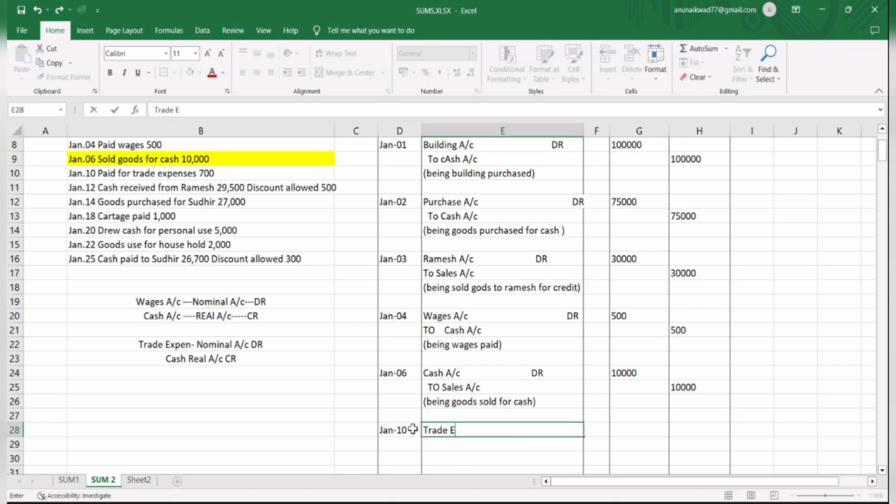Trade expense account debit to cash account for rupees 700, being trade expenses paid.